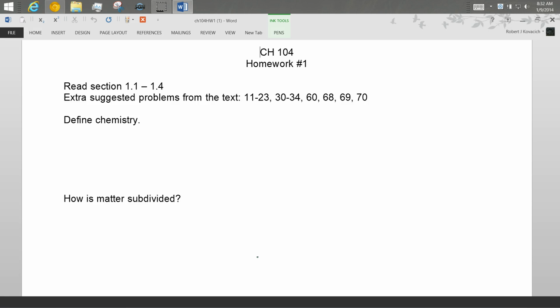Okay, so for the first question on this, your definition for chemistry, what things do you need for that? There's two parts to the definition that we have. What are the two things? Studies the property of matter and actual electrons. Okay, so you need something about matter studied, and then you need something about electrons.